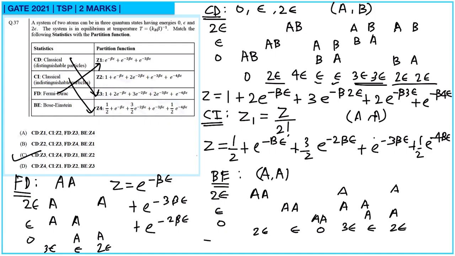So Z is equal to, first is this 0, so that is 1, plus E terms.